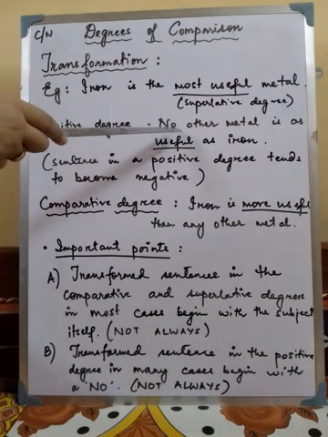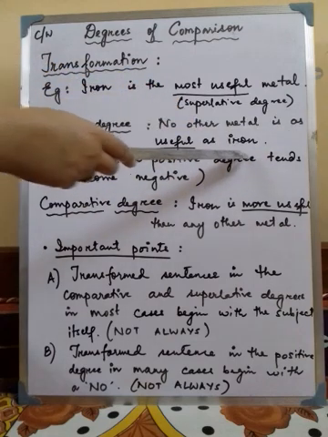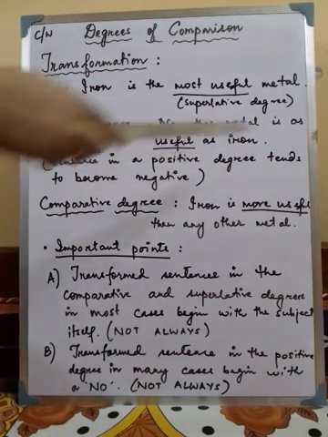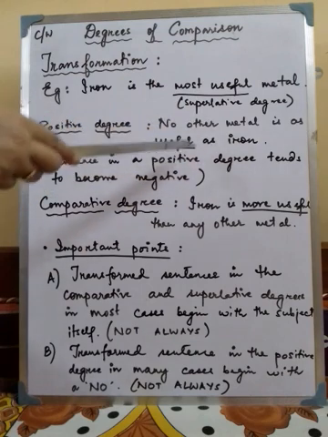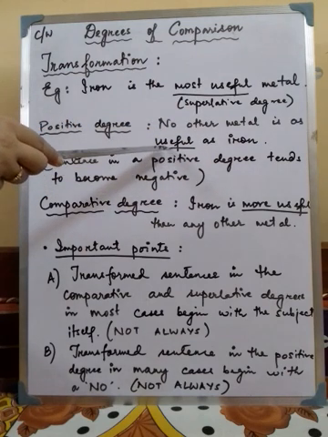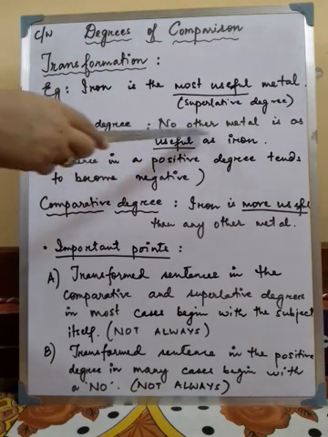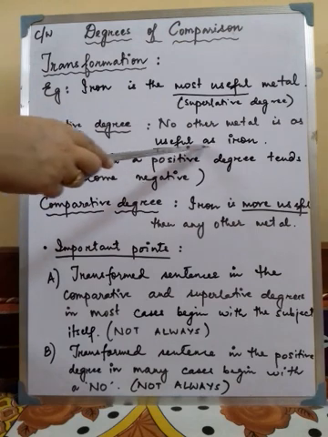With no. No other metal is as useful as iron. Like I had told you, there should be as or so as used before and after the positive degree. Here the positive degree of most useful is useful, and no other metal is as useful as iron.